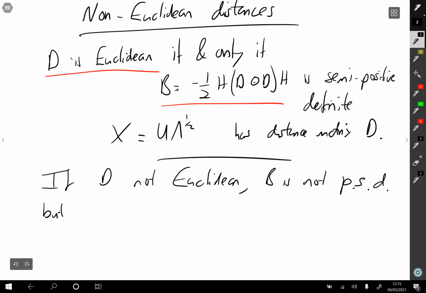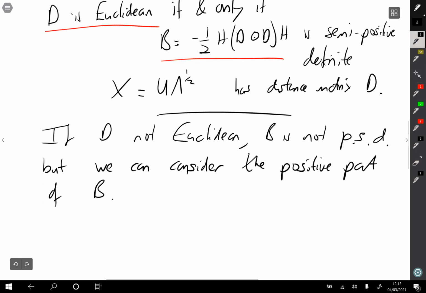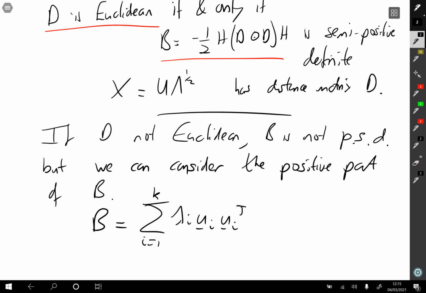But we can consider the positive part of B. Let's consider the spectral decomposition of B. We can write B as the sum from i equals 1 up to k, its rank, of lambda i u i u i transposed, where lambda i are the eigenvalues and u i are the eigenvectors.